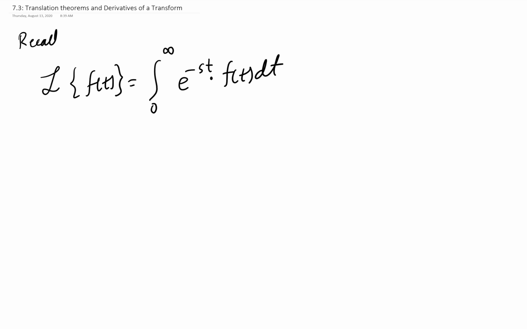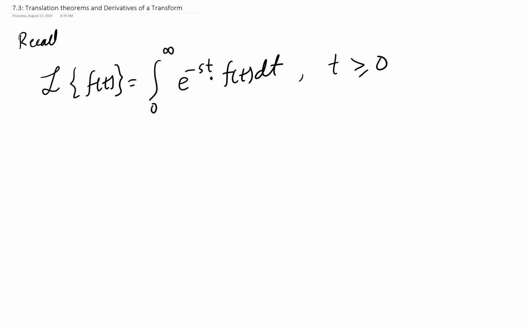So recall, we defined the Laplace of f of t as the integral from 0 to infinity of e to the negative st times f of t dt, for t bigger than or equal to 0. This is called the Laplace transform of f of t.